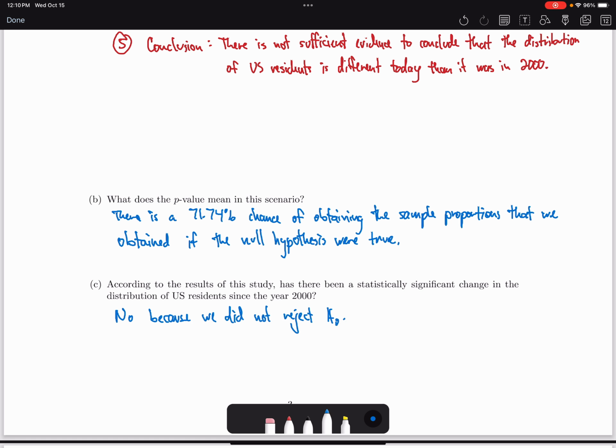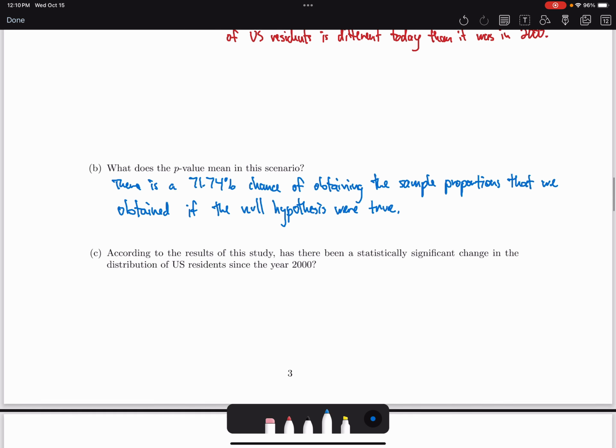This is important because if I asked you a follow-up question like, how has the distribution changed? your answer really should be, well, the distribution hasn't changed. There's not sufficient evidence to say that the distribution has changed at all, right? So no, we don't have statistically significant evidence here.